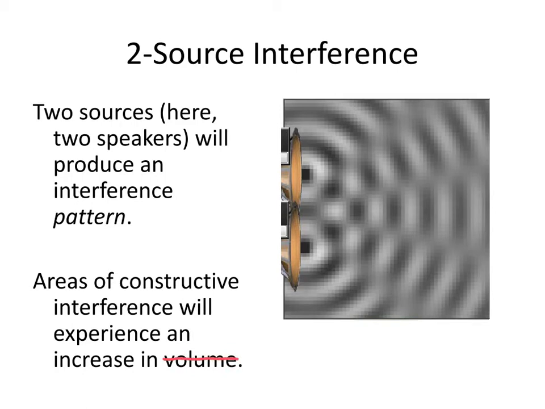We might call it volume, but I think it would be better to call it increase in intensity. And those would be the areas that we would call antinodal lines on the screen, or antinodal spaces if it's in 3 dimensions. So here's an antinode right there. There's another antinode, antinode, antinode.